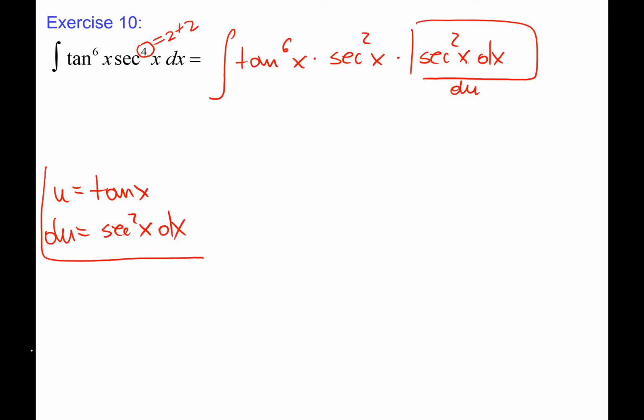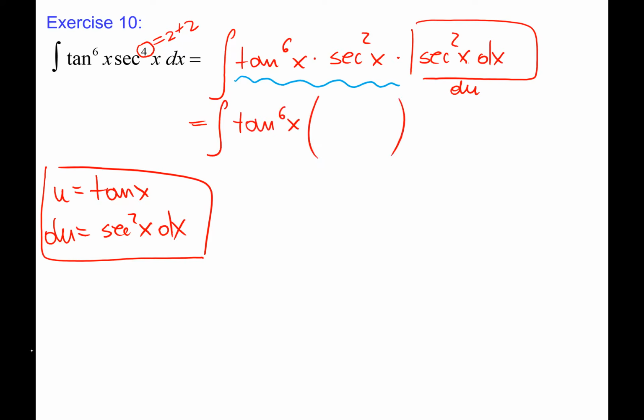One more step: since I am letting u be tangent, the entire formula, not including the box I just underlined, has to be rewritten in terms of tangent. Tangent to the power of 6 is correct, but this one, who can tell me what I shall put in the parentheses?